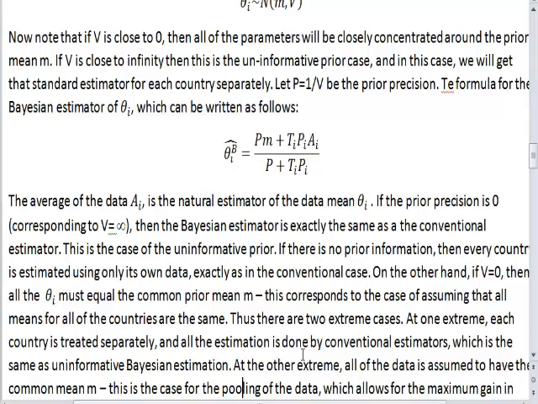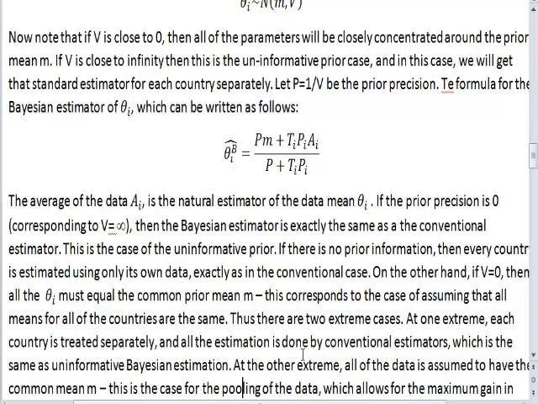If you have prior information, then you take a weighted average. You multiply the AI by its precision, which is Ti times Pi. You multiply the prior mean by its precision, P, which is 1 over V, and then you divide by the sum of the weights, P plus Ti Pi.